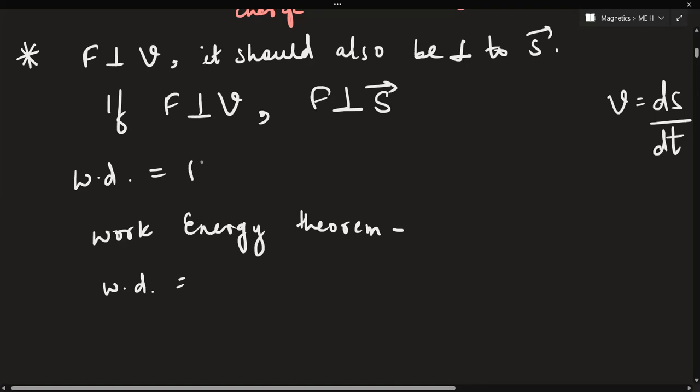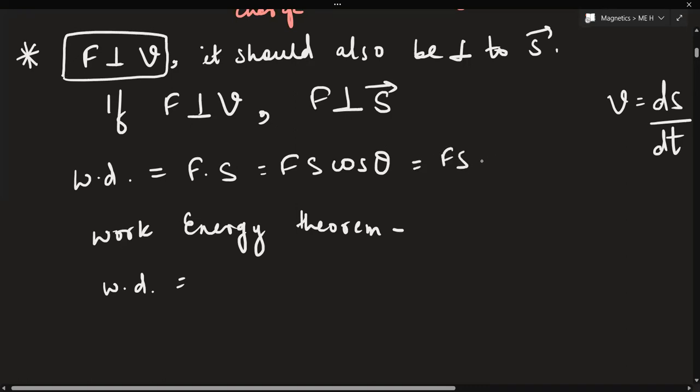And what is work done? Work done is F dot S, which is F S cos theta. Here the angle between force and displacement is 90 degrees. So this becomes F S cos 90 degrees, which comes out to be 0.